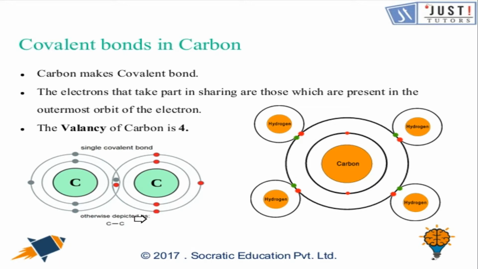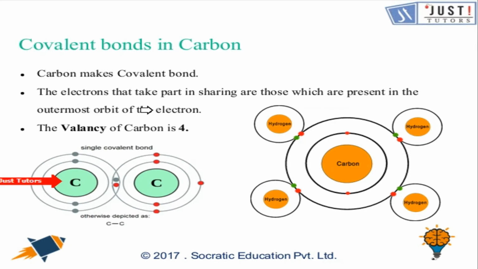But in that case, we will have only 6 positive charges in the nucleus and 10 negative charges. So it would be quite difficult to hold the structure, and that will not be stable. And if carbon transfers its 4 electrons from the outermost shell, then it will need a much larger amount of energy. So that's not possible.